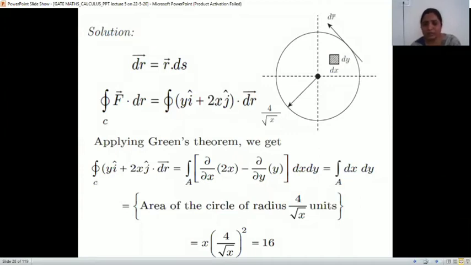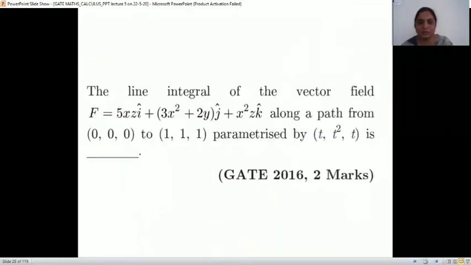Most of the time what happens is we cannot apply a line integral or double integral or volume integral directly, so there are these theorems so that we can convert it and solve it. So next question, the line integral of the vector field f bar is given to you along a path from 0, 0, 0 to 1, 1, 1, parameterized by t, t square, t.